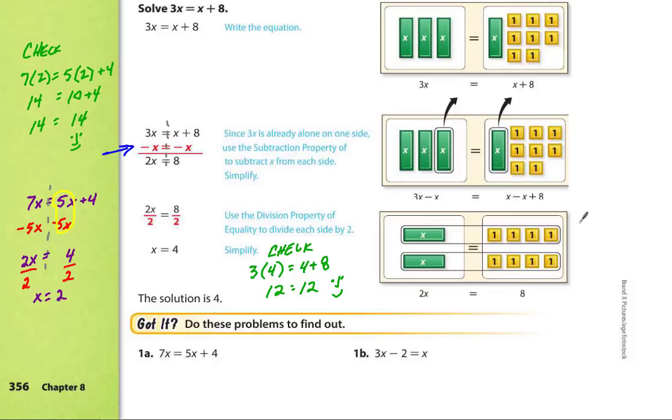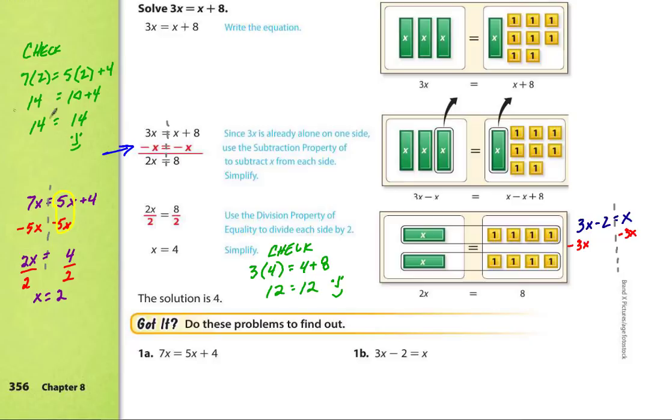All right, we'll do 1b up here. 3x minus 2 is equal to x. Now remember I said I like to take away the x's that are in the smallest group. Well, the problem is if I do that here, if I take away the x from both sides, I end up with 0. So here I am actually going to take away the 3x from both sides.